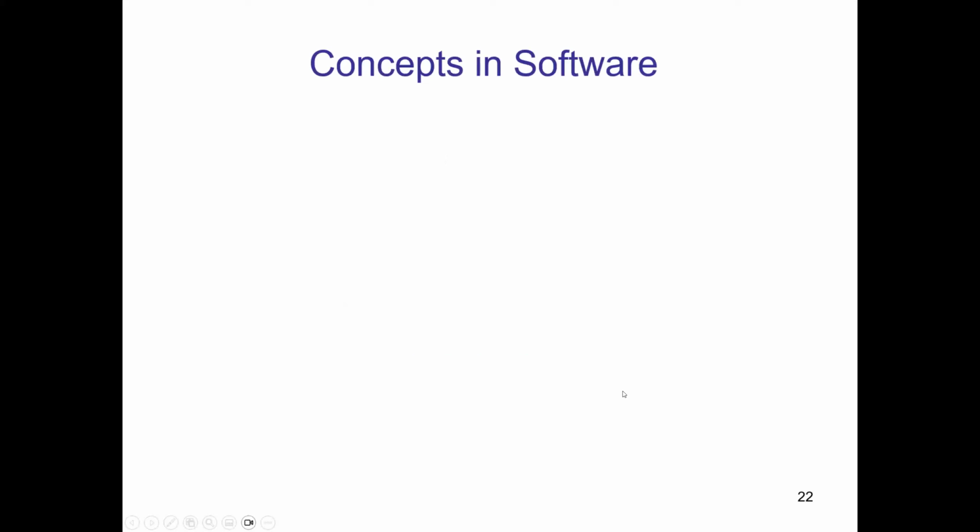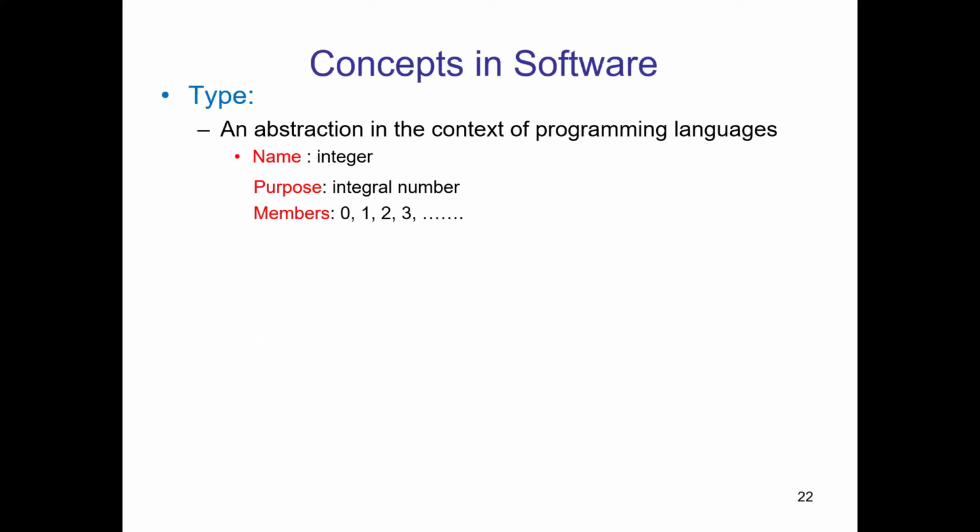Okay, so class diagrams, these are structural diagrams. These make use of some of the concepts in software, like for example, different types of content that you want to use in your code.